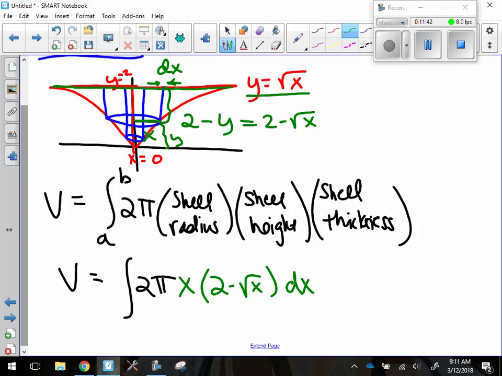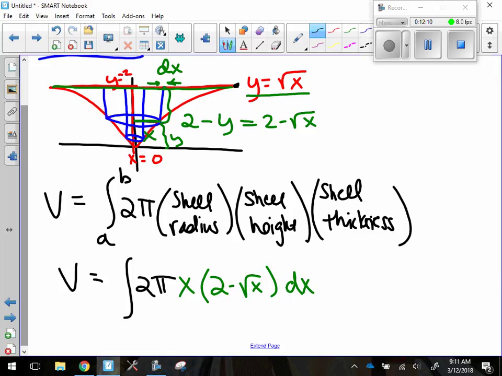So then I have to ask myself what my limits of integration are, and they need to be in the x direction. So what do I end up with here? Well, remember, what's the y value up here? 2.